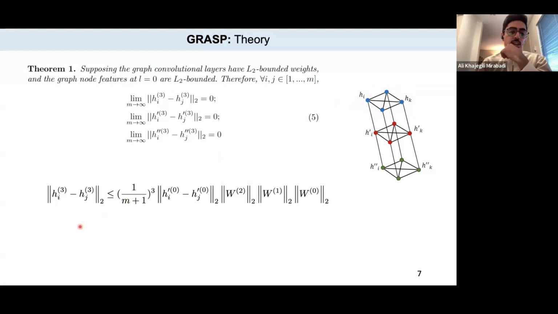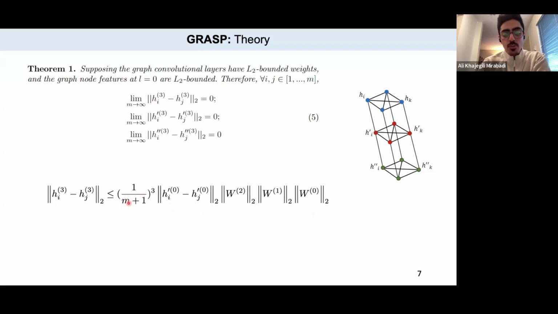The reason is that when we do a bit of math, we get this inequality that is less than these values, which are the weights of the GCN layers, first, second, and third layer, and the difference between the features in the adjacent magnification. Because our assumption is that our weights are bounded and our features before building the graph are bounded, these are constant or bounded values. So it is only a function of the number of patches.